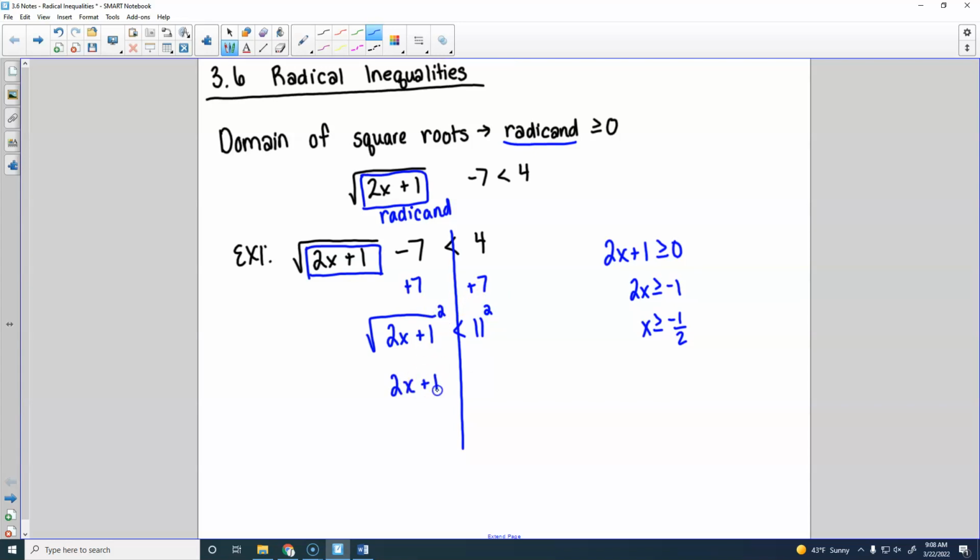So 2x plus 1 is less than 121. Subtract your 1. 2x is less than 120. And divide by 2. x is less than 60.